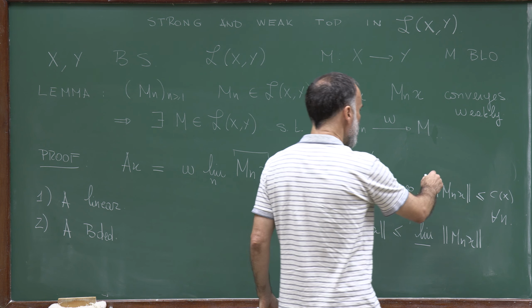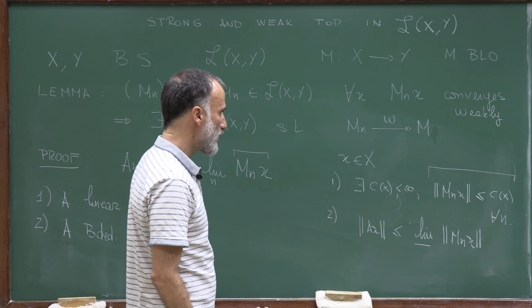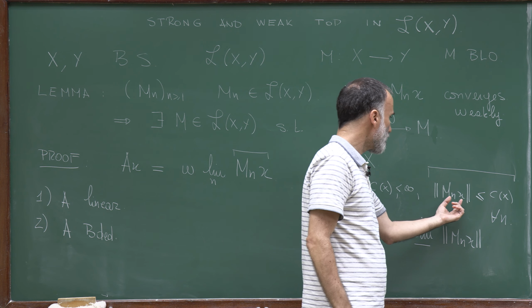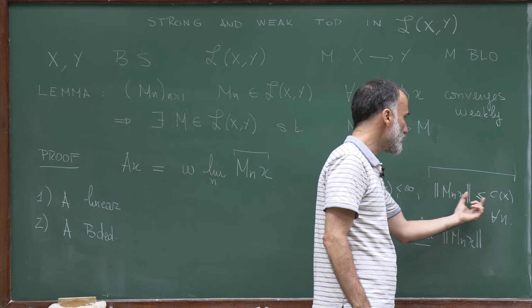So here we can repeat the first part of the proof. We have that for each x, the norms are uniformly bounded.